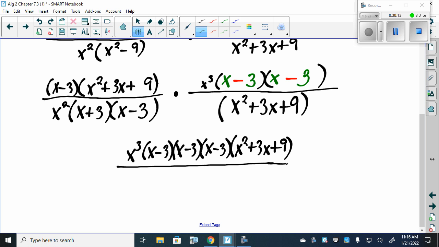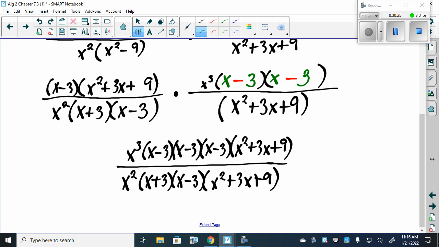On bottom, we're going to have x squared times x plus 3 times x minus 3 times x squared plus 3x plus 9. And if we look at these two here, we do have that quadratic in common in both, the x squared plus 3x plus 9. What else do we have? X minus 3 and x minus 3.